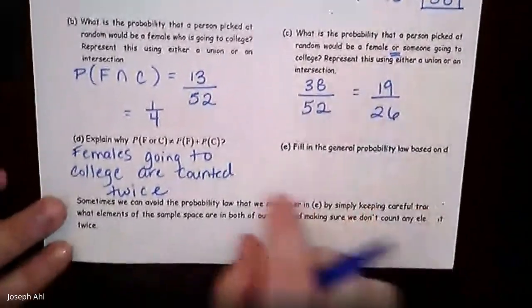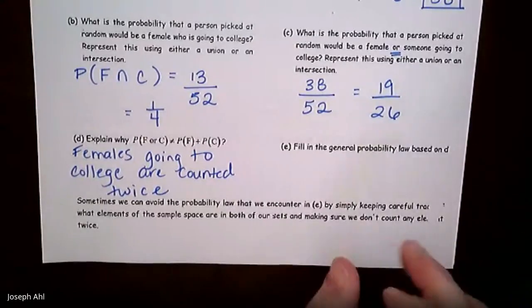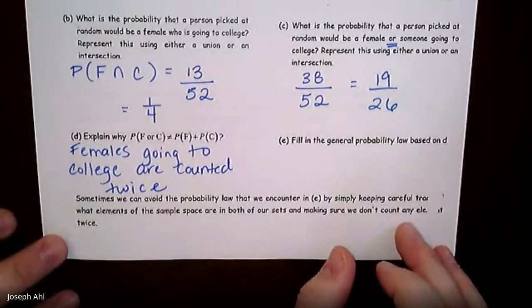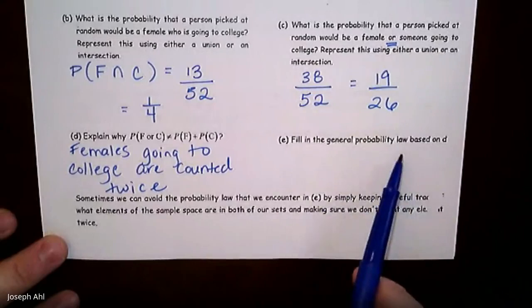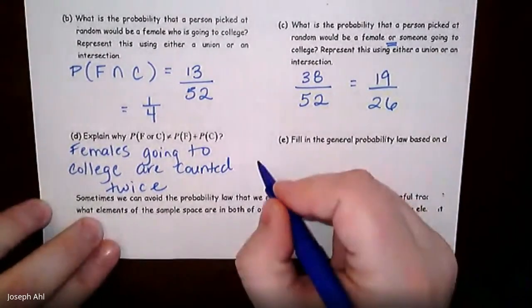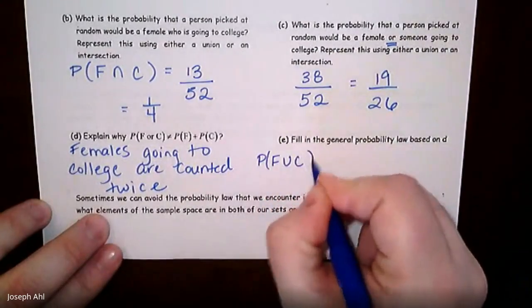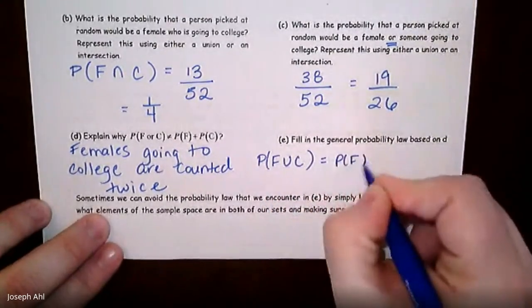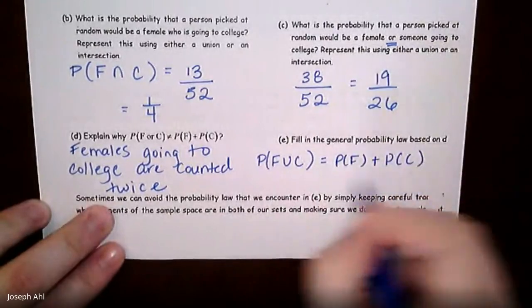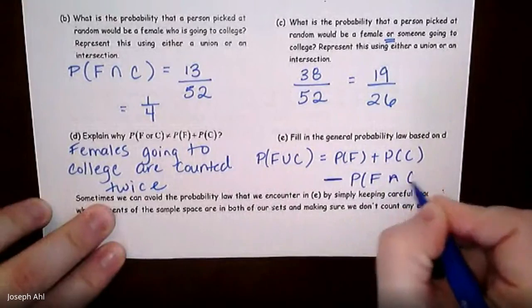Okay, so you can't just simply add the probabilities together to get the or case unless certain criteria holds. Okay, so find the general law of probability based on part D. We've already talked about this, but the probability of F union C would be probability of F plus the probability of C minus the intersection of those groups.